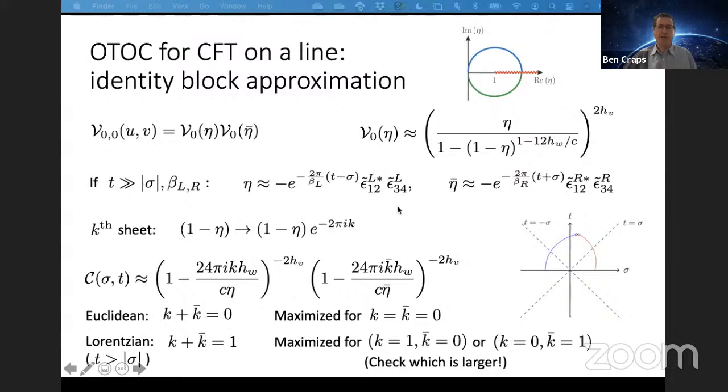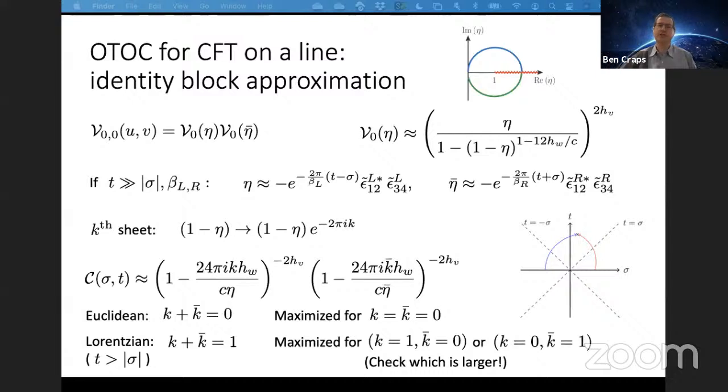And so we're going to be interested in large times. That means from this formula that eta will be close to 0. So the question is, what does this block reduce to for small values of eta? And importantly, we're not just asking this on the principal sheet, because on the principal sheet everything would be simple, right? You would be dominated by exchanging the identity operator, which is a disconnected contribution where you contract the V's, you contract the W's, and that's it.